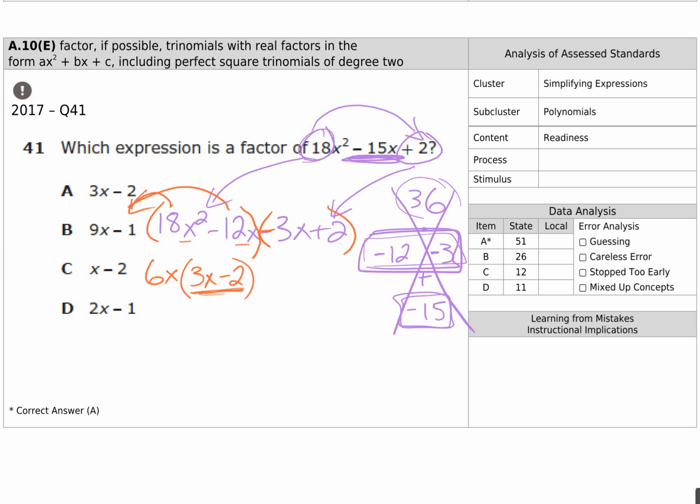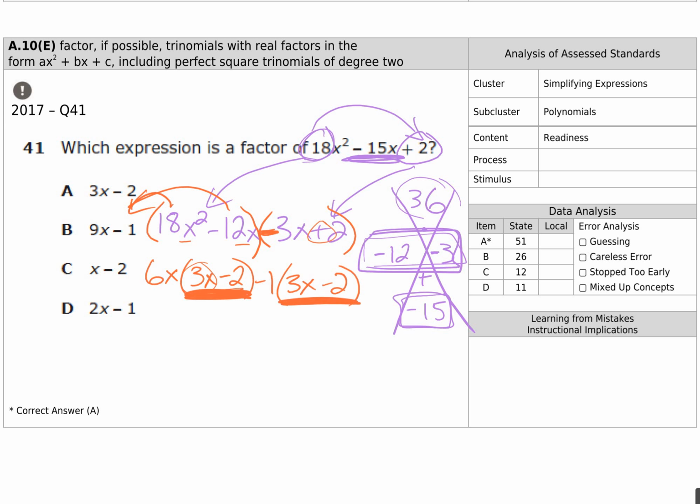Since I want it to be a positive 3, when I take out of this next one, it's a negative 3 right there, but I want it to be a positive 3 because remember we want the two parentheses to match in order for factoring by grouping to work. So I'm going to pull out a negative 1. That would leave me with a positive 3x and turn that positive 2 into a negative 2. Now it matches, 3x minus 2, 3x minus 2.